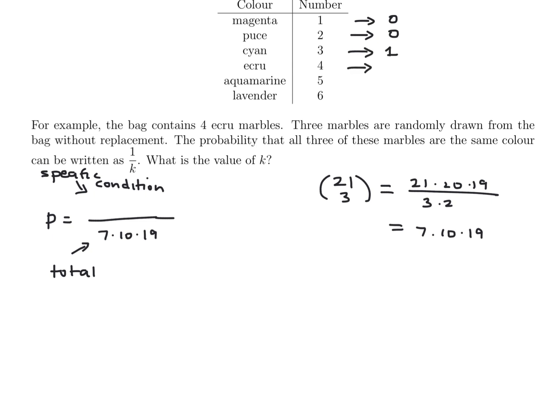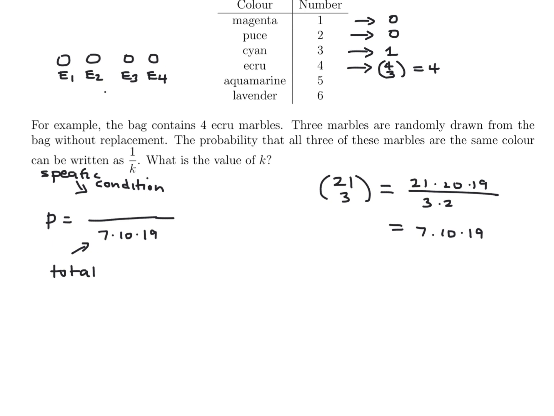Now, for ecru, it would be from those 4, you'd choose 3, and that will give you 4 possible ways. Like if these marbles were labeled, like this is ecru 1, ecru 2, ecru 3, ecru 4, and you wanted to choose 3 of them, that's 4 ways that can happen.